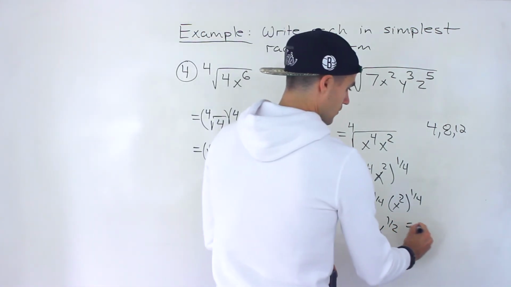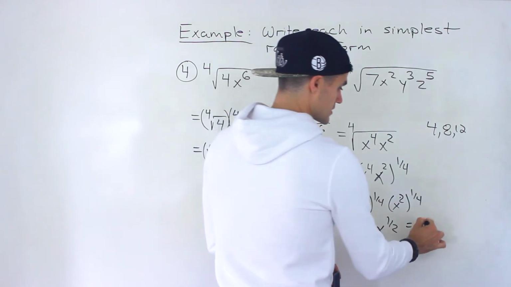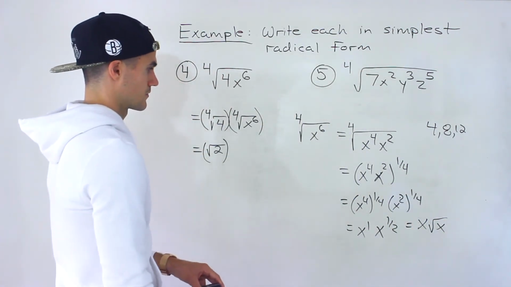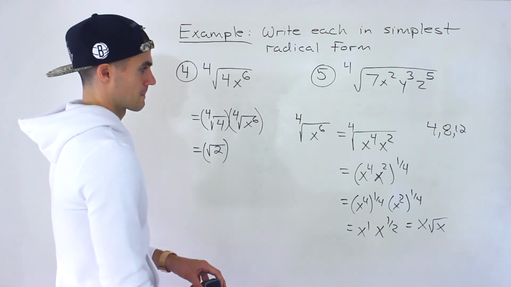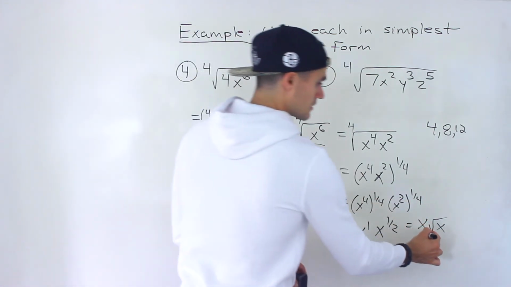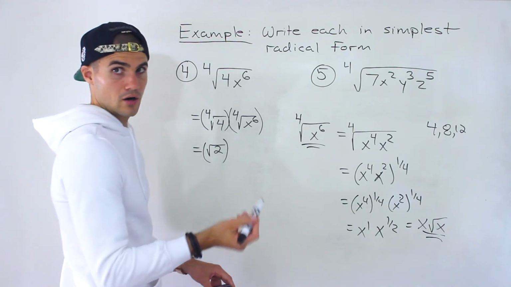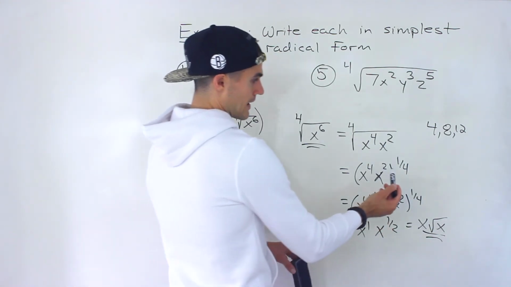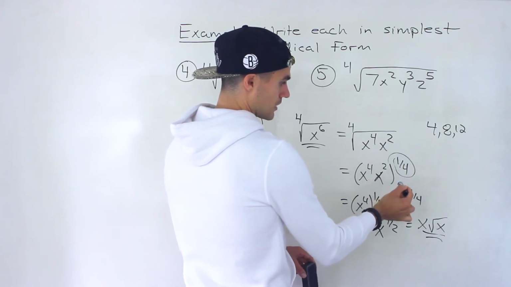And so this simplifies to x square root of x, like that, right? This and that are the exact same thing. And so in this case, it's why it helps to put this rational exponent here.